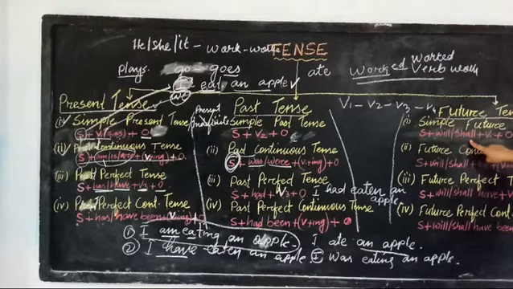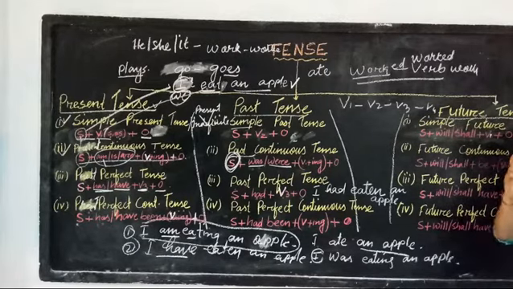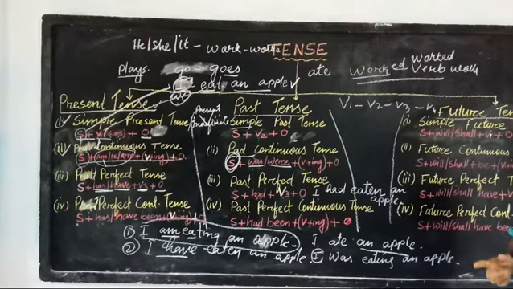If the subject is we or I, then we will use shall. If any other subject is there, he, she, it, then we will use will. Then we use the first form of the verb in simple future tense.